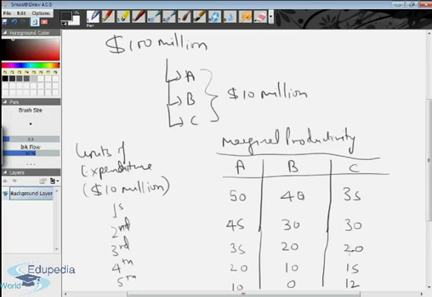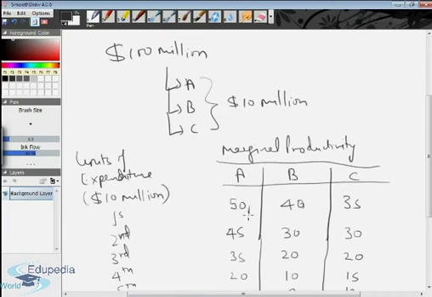In order to maximize the profit, the first unit will be used on project A because the maximum marginal productivity is given by project A. Then the second unit will again be utilized by project A. Then the third unit will be utilized by project B. Fourth unit will be utilized by project C. Fifth unit again will be utilized by project A. Sixth unit by project B. Seventh unit by project C.